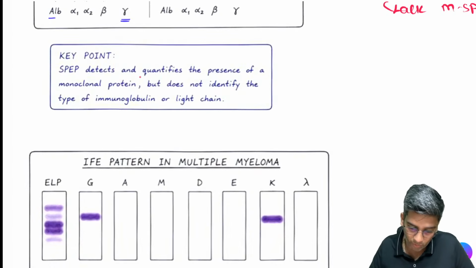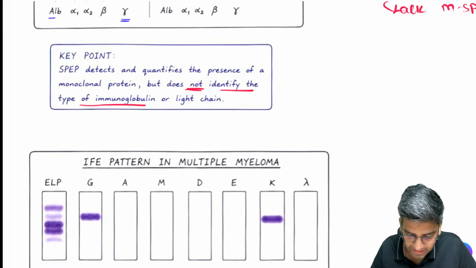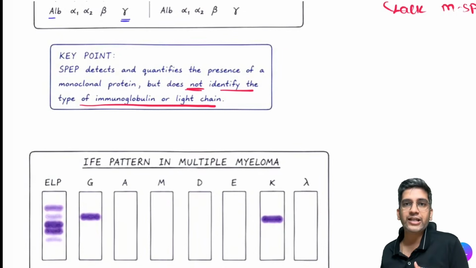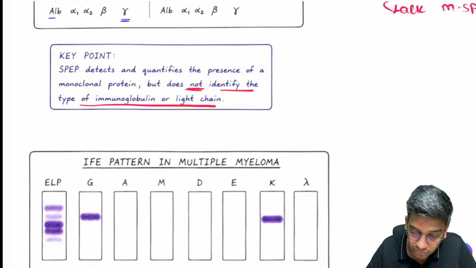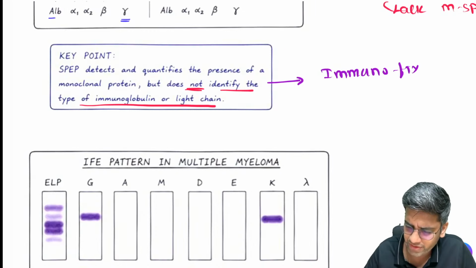Serum protein electrophoresis will quantify, but it cannot identify the subtype of immunoglobulin. That is a problem for me because I need to tell monoclonality. If it is not there, I cannot identify that. How do I identify monoclonality? To identify the subtype, we do something called an immunofixation. It's the same electrophoresis.